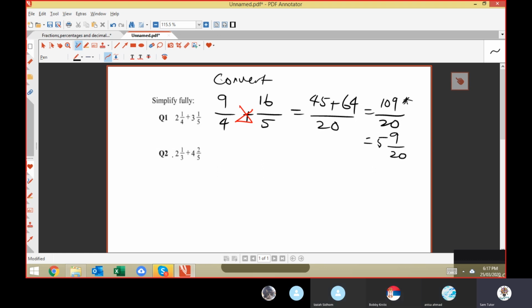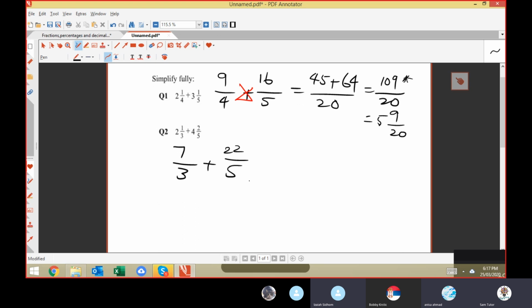Let's go again. Last one. 2 times 3 is 6. 6 plus 1 is 7 over 3. Plus 4 times 5 is 20. 20 plus 2 is 22 over 5. Cross, cross, cross. 7 times 5, 35. 22 times 3, 66. And 3 times 5 is 15. 35 plus 66, 101 over 15.